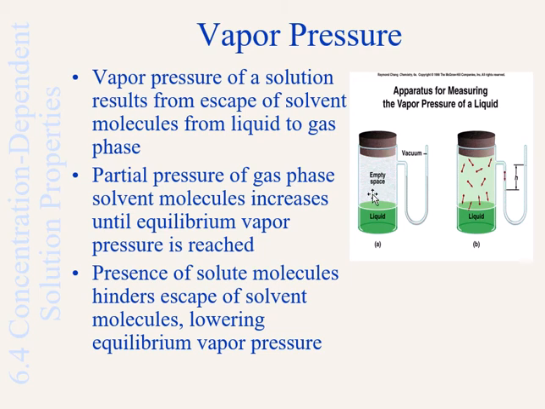So here the vapor inside this closed container can also push mercury away, and there could be a difference in height here, and that difference in height tells us about the pressure, not due to the atmosphere because this is a closed container, but due to the vapor of this liquid.